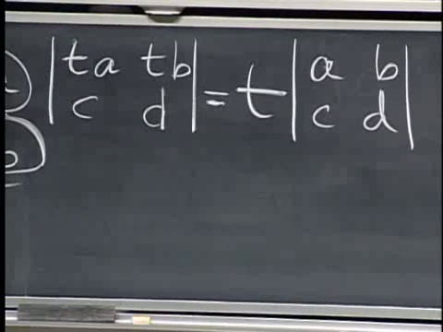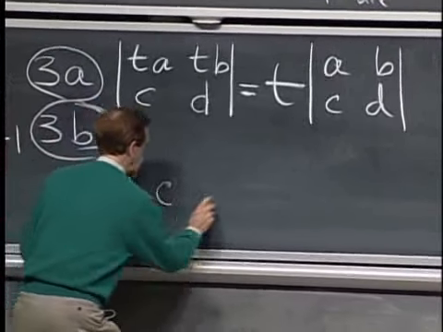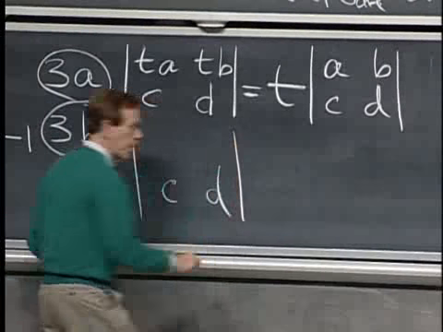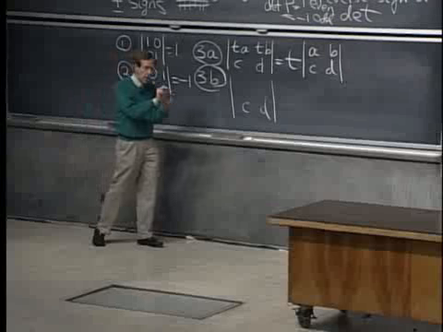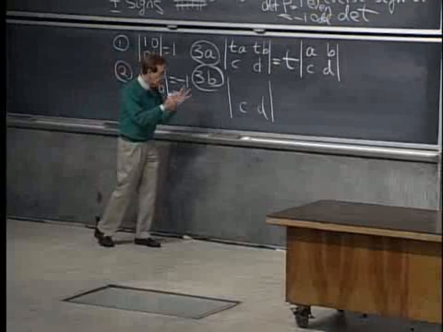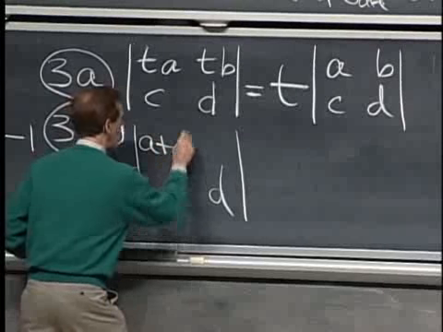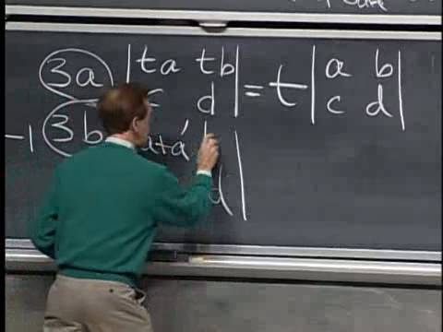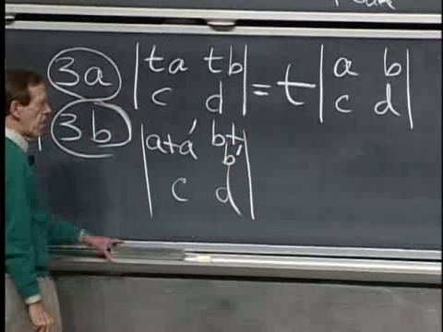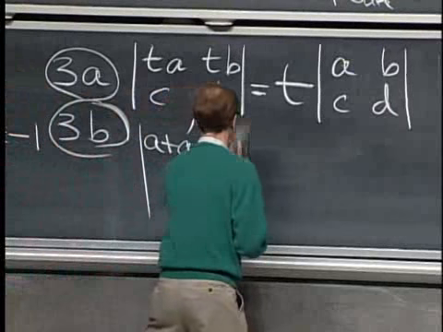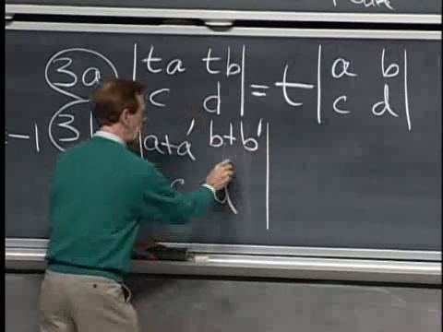And 3B is that I'm always keeping the last n minus 1 rows the same. I'm just looking inside the first row, and if I have an A plus A prime there, and a B plus B prime there, do you see what I'm doing?